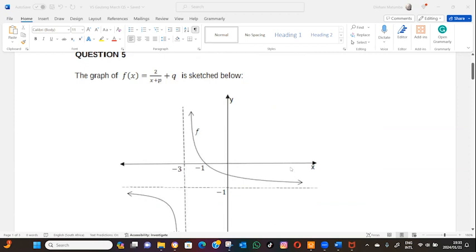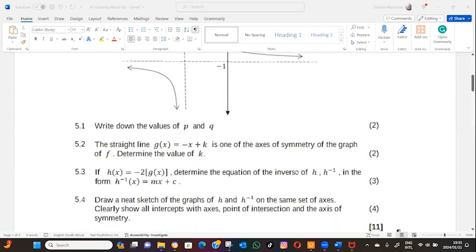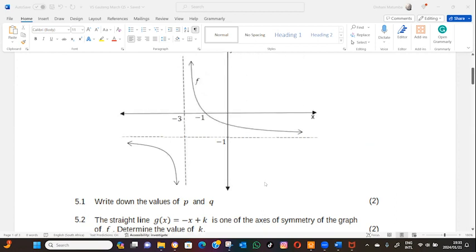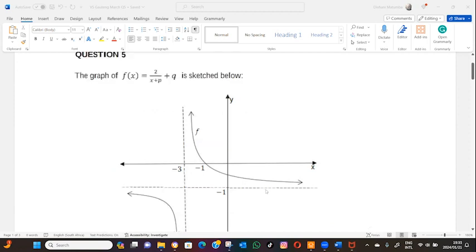Now, what is the value of p? The value of p is the x-intercept. And the value of q, it is the y-intercept.